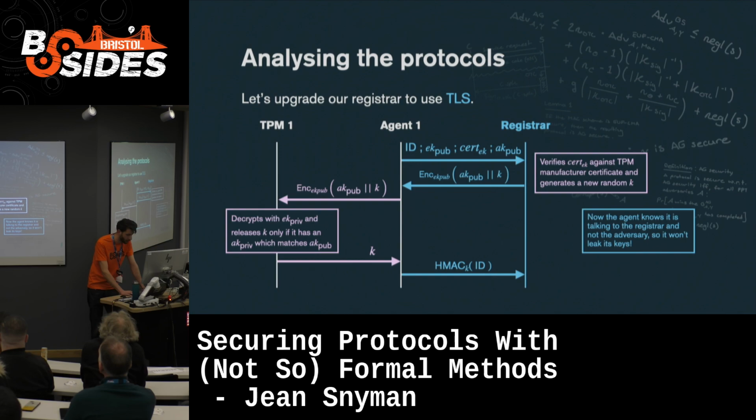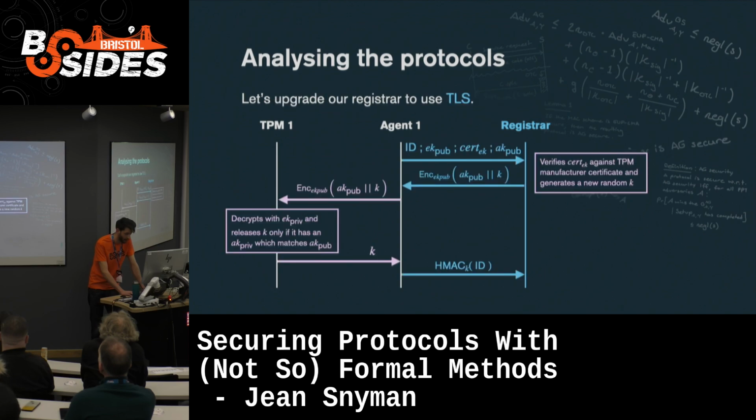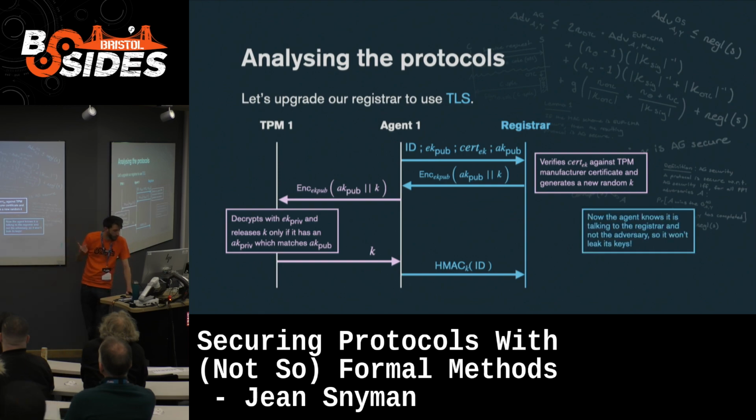Now, I've run out of time here. There are more attacks that can be done against this protocol. And we've looked at them, by upgrading the protocol with TLS on the registrar side, so server authenticated TLS. Turns out even if you do that it still doesn't fix the issue.